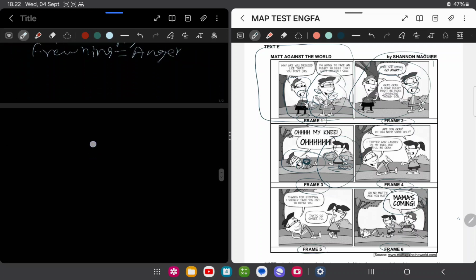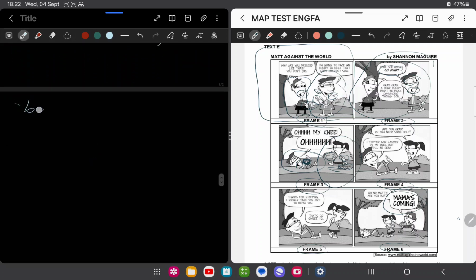Then you also have to refer to the body language of each character, so that you can be able to notice the visual clues. When you talk about body language, you talk about how people move, stand or sit, and what they do with their body parts or hands to show how they feel.